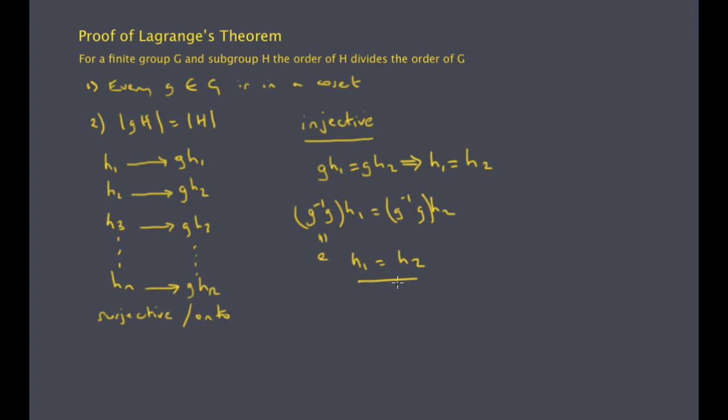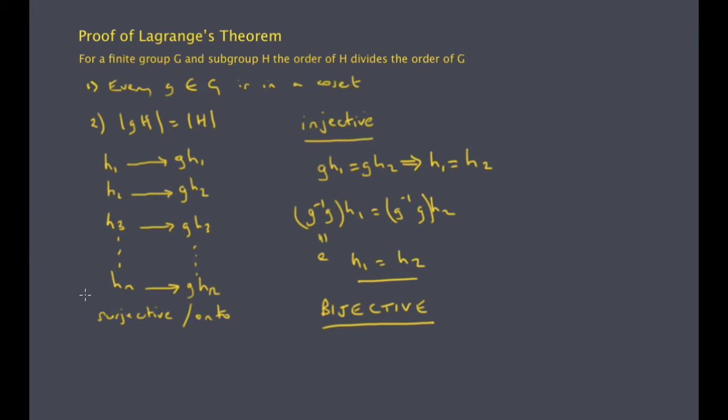So what we have proved is that the only way that gH1 can be equal to gH2 is if H1 equals H2. So this is definitely an injective mapping. It's also a surjective mapping, so we can say it's bijective. And therefore the order of the cosets is the same as the order of the subgroup.